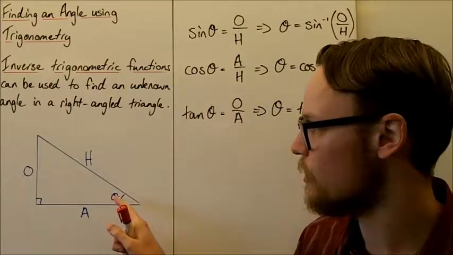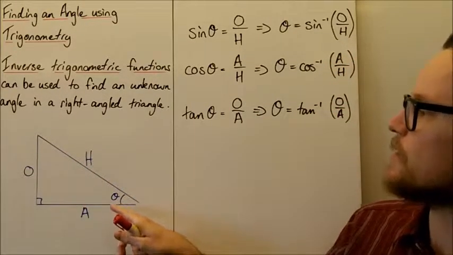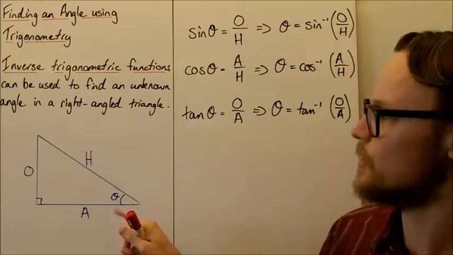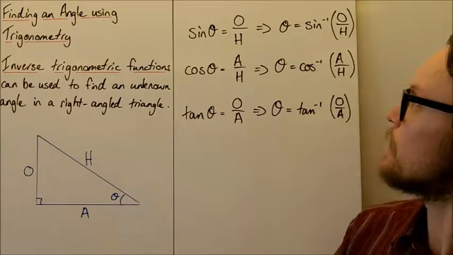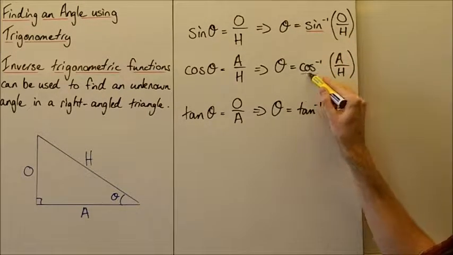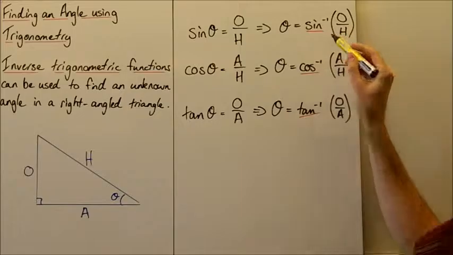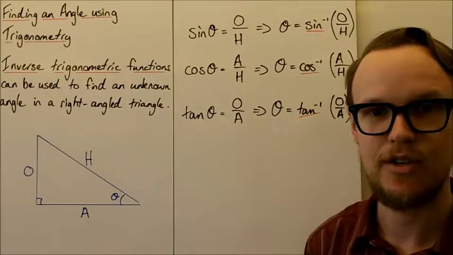So if I know that sine of the angle is opposite over hypotenuse, and cosine is the adjacent over hypotenuse, and tangent is the opposite over the adjacent side, I can use these inverse trigonometric functions. These are inverse sine, inverse cosine, and inverse tangent.